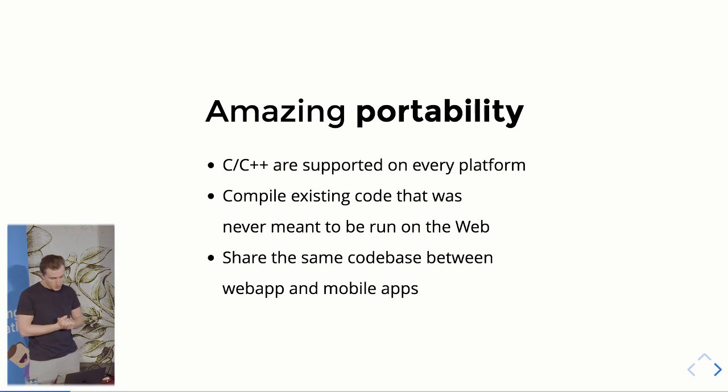Speaking specifically about C and C++, since those languages are supported on almost every platform, including mobile operating systems, it is now possible to have a single shared code base that can be compiled to desktop applications, to mobile applications, and to web applications.